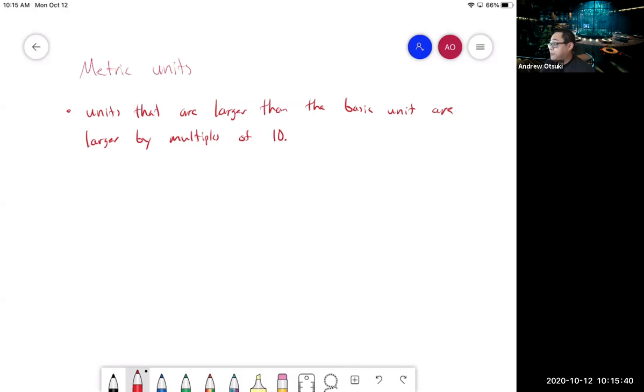So for example, the kilo unit is 1,000 times larger than the basic unit.